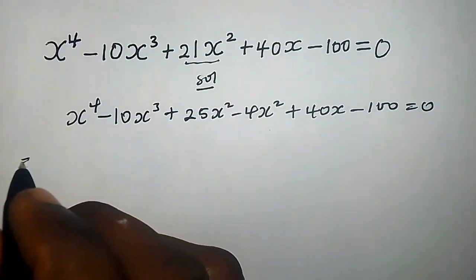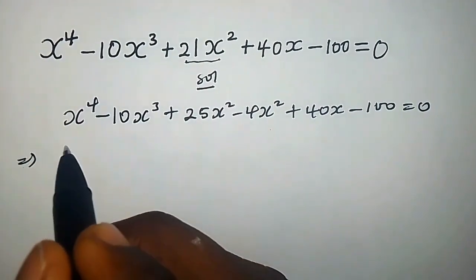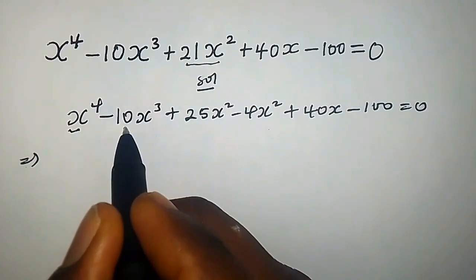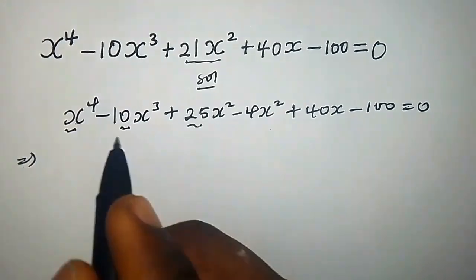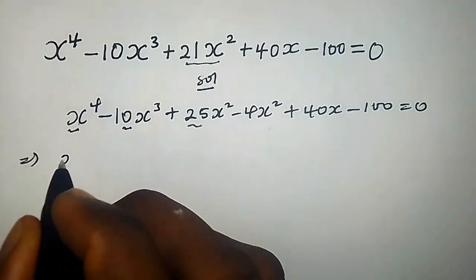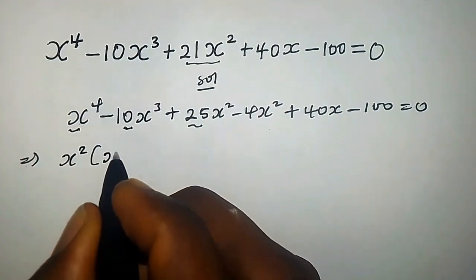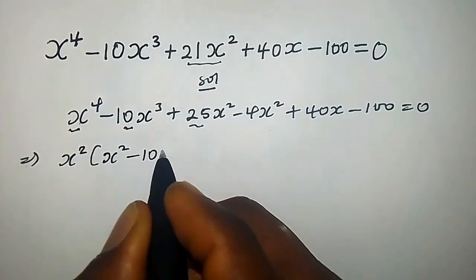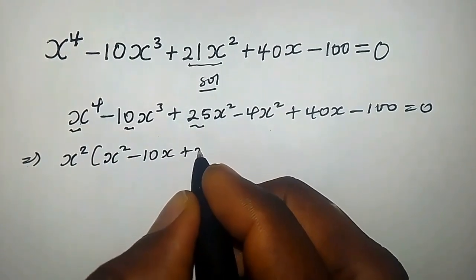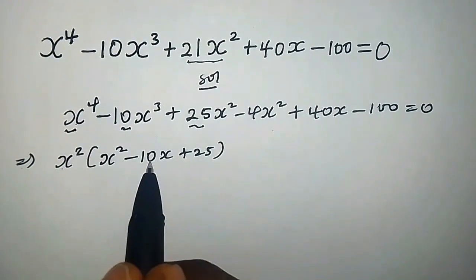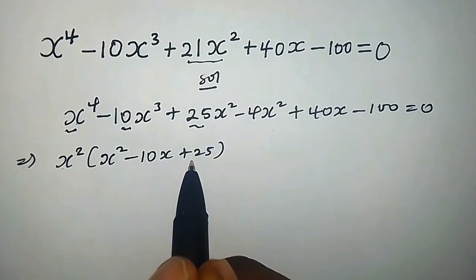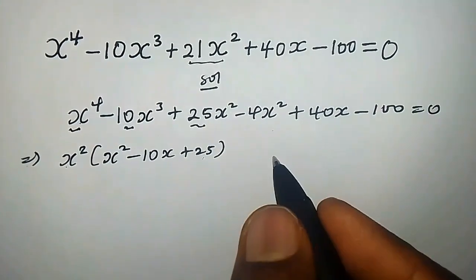Let's consider the first three terms first. You will observe that x squared is common, so we can pull out x squared. We get x squared times x squared minus 10x plus 25. That is x squared times x squared, we have x to the 4. x squared times negative 10x, we have negative 10x cubed. x squared times 25, we have 25x squared.